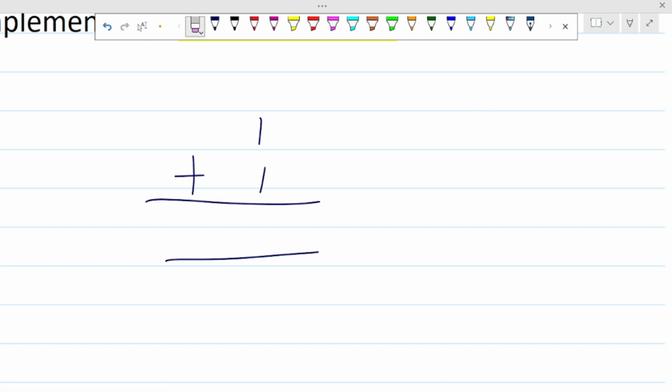Before we talk about what the logic circuit will look like, when you do this addition in base 2, 1 plus 1 will give 1 0. We have a 0, and then a 1 here. This is based on the fact that base 2 has 2 numbers, 0 and 1.